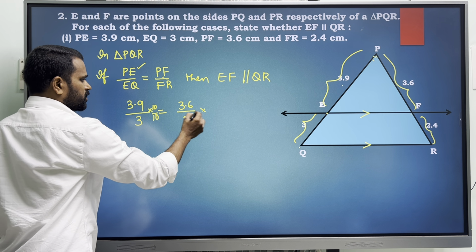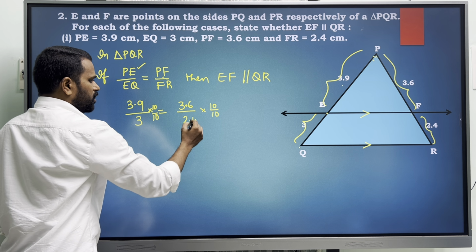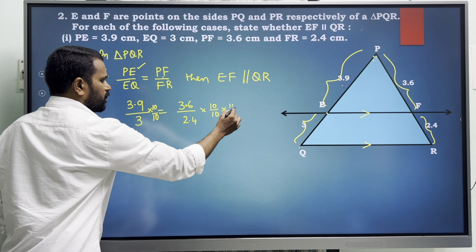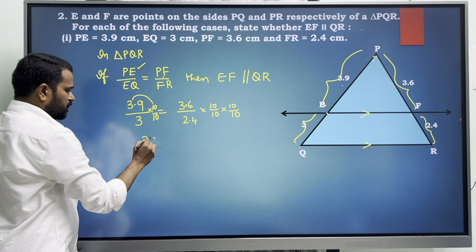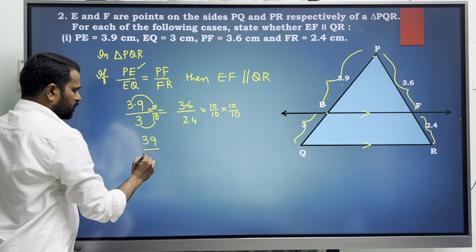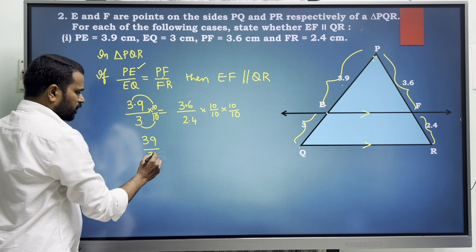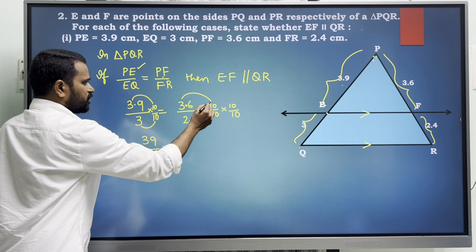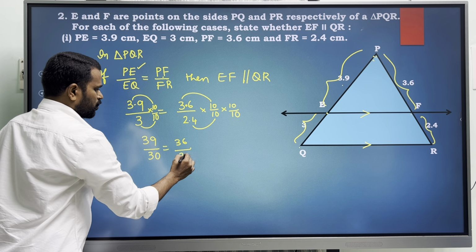Here 3.6, after the point we have one digit, so 10 by 10 for this number, and for this also the same. So 3.9 into 10 is 39 by 3 into 10, 30, equals 3.6 into 10, 36 by 2.4 into 10, 24.